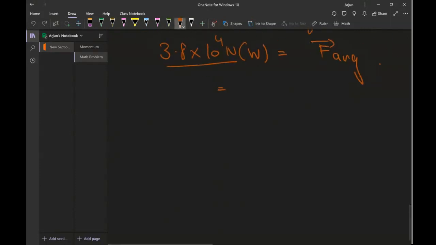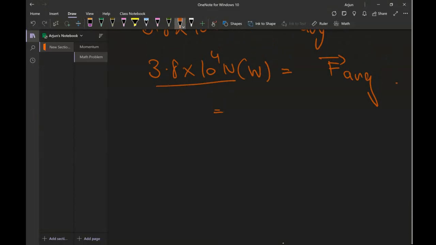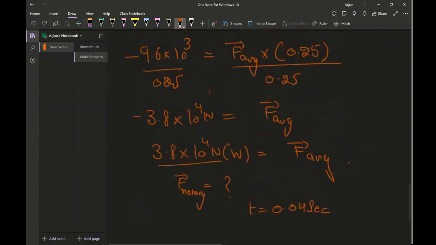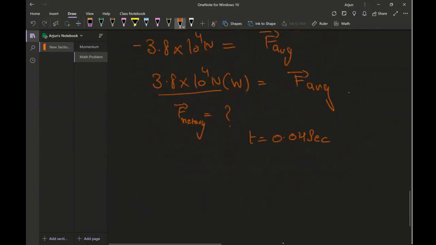So again, welcome back. It's F net average that we are looking for if the car stops in 0.04 seconds. Same thing, the change in momentum is given to me, which is equal to 9.6 times 10 raised to the power 3.